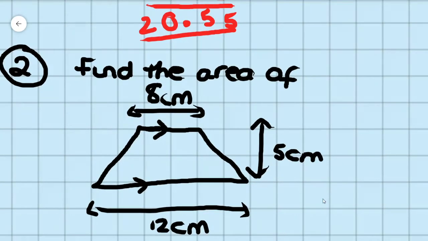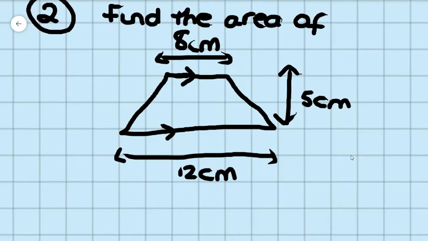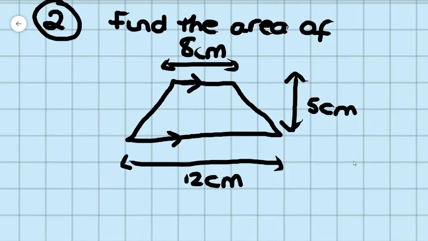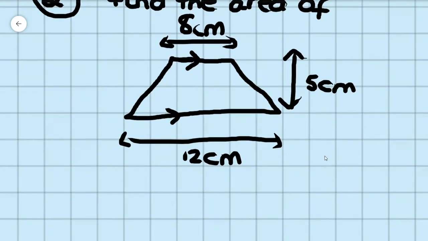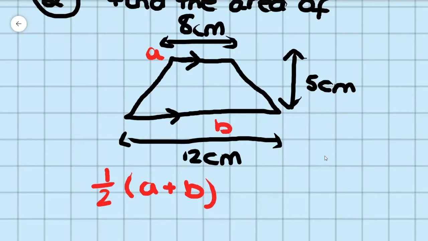Then I've got a trapezium here. So it's a quadrilateral, your four-sided shape, with a pair of parallel sides, which are opposites. And we're looking at finding the area. So you need to know that formula first of all for the area of a trapezium, which is half A plus B. Now A and B are these opposite sides, so I'm going to call that an A and B. You could call that A and B, it doesn't really matter which one's which.